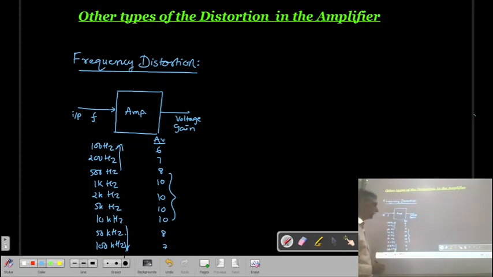If we plot a graph of voltage gain against frequency, it is known as the frequency response curve of the amplifier.